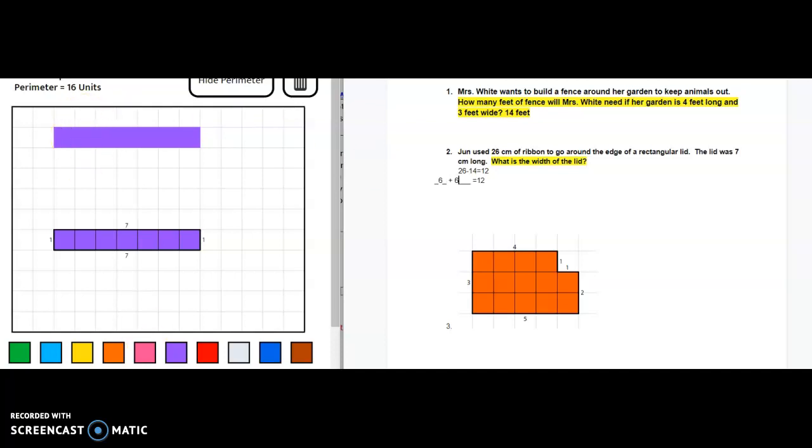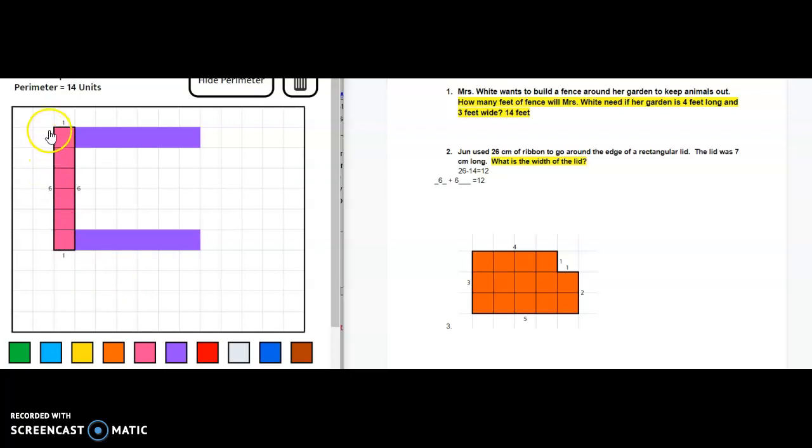So I'm going to lay 6 blocks. Now keep in mind, if I laid the block right here, that would make my length turn from 7 into 8 centimeters. So I need to lay my sides on top of my other pieces.